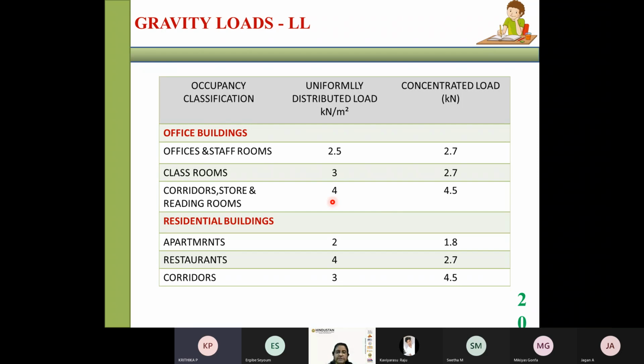What could be the reason you have a little higher live load for corridors? Anybody can tell me? Please think and tell me what will be the reason in a corridor.